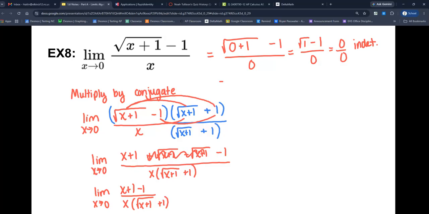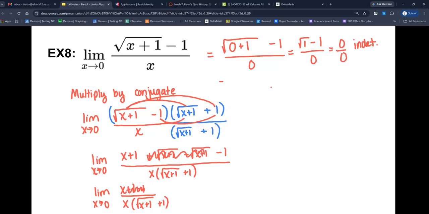Okay, what else do you see here that is helpful? There's some stuff that'll cancel, but you have to do them in a specific order. The negative 1 and the positive 1 have to cancel first.